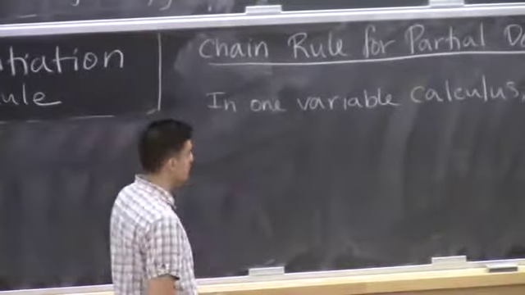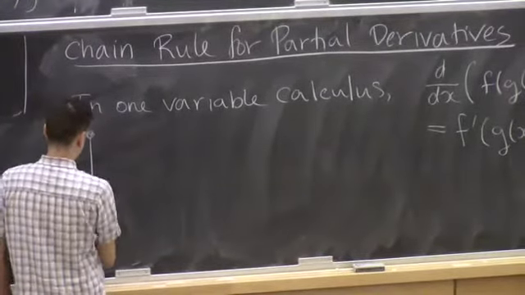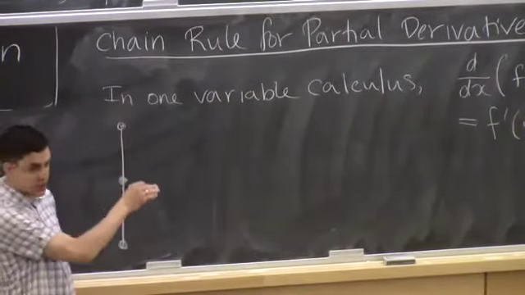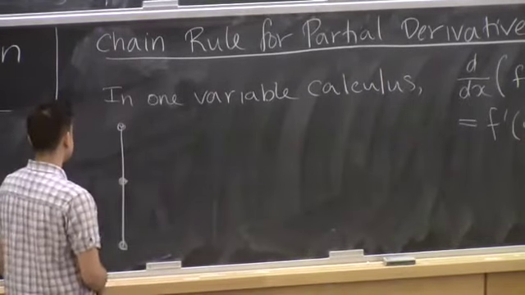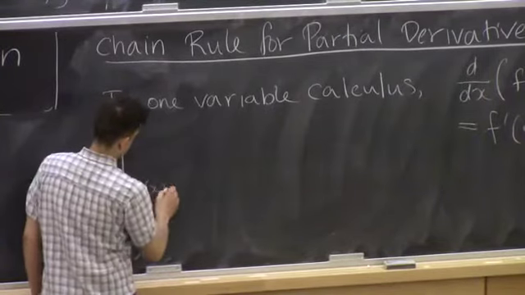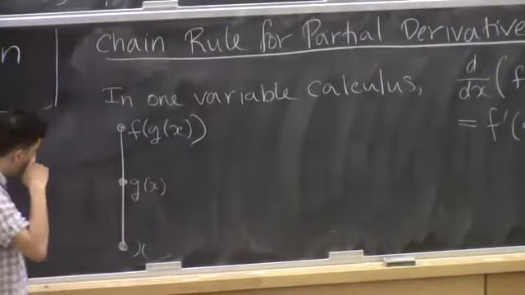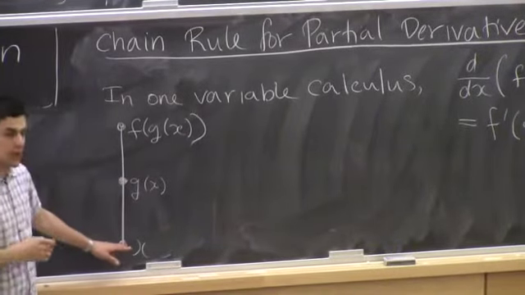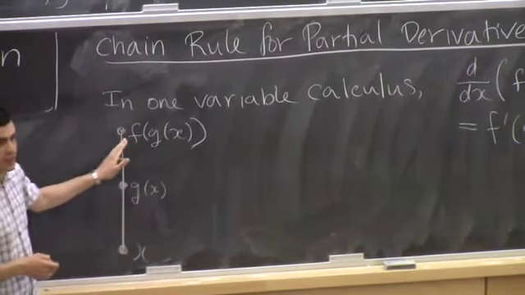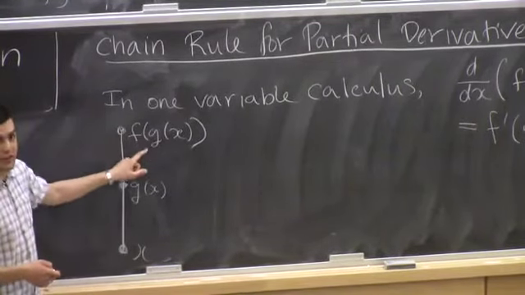Okay, so I want to interpret this one-dimensional result with a bit of a picture. If we take our input x, we feed it into g of x, we feed it into f of x. This is how our variable gets used in computing f of g of x.